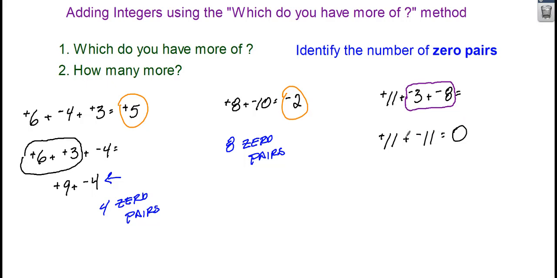Which do you have more of? I don't have more. They're the same. Anytime they're the same, you have 0. And when you have 0, you also know that you had no zero pairs. There were no things to cancel out.